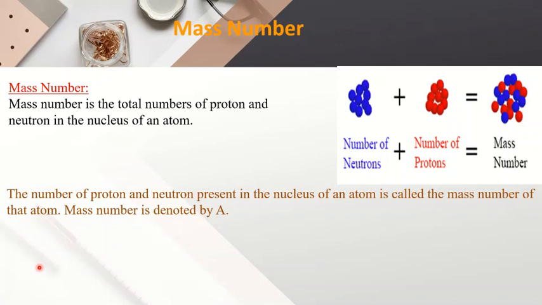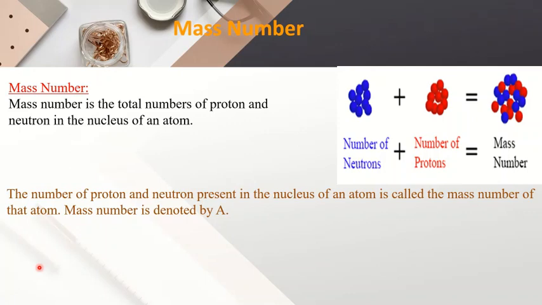But there is a thing that in most cases proton number and neutron number of an atom is equal. If an atom has 6 protons, its neutron is also 6, but not all the time. Sometimes neutron is 1 more than its proton.